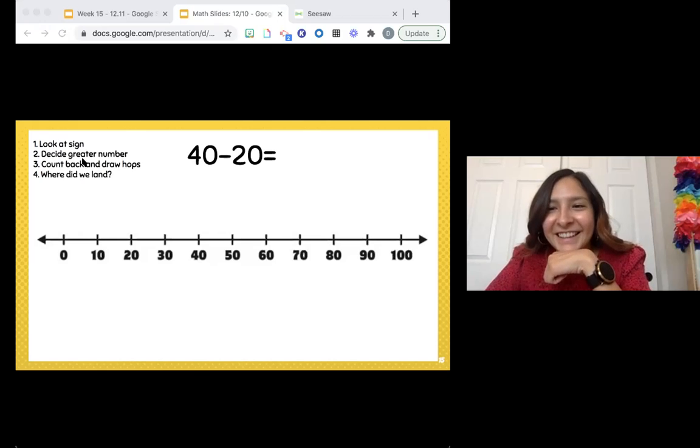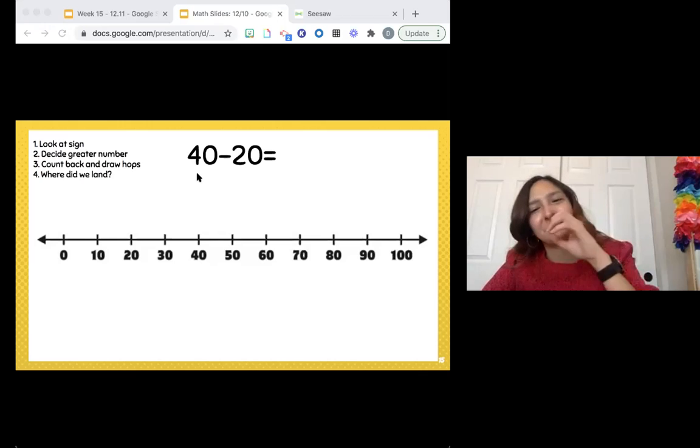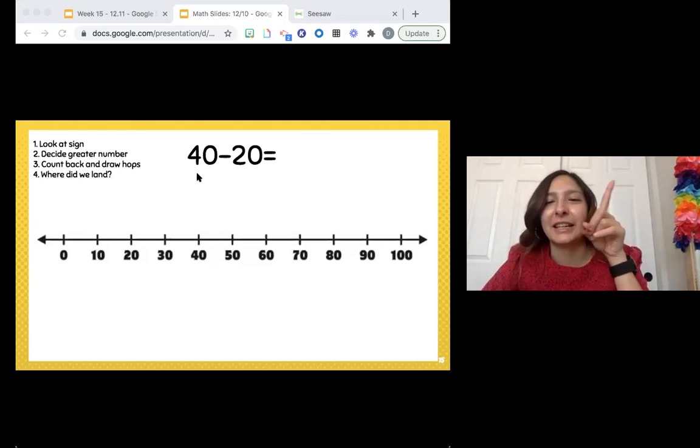Okay. Yeah. 4 minus 2 equals 2. Yes. Then I counted back 2 times. Then I landed on 20.